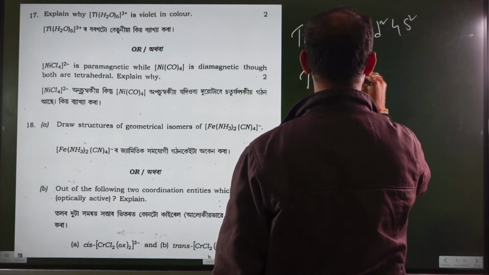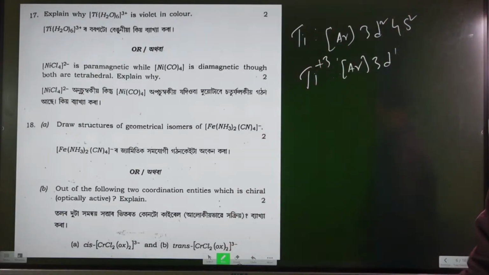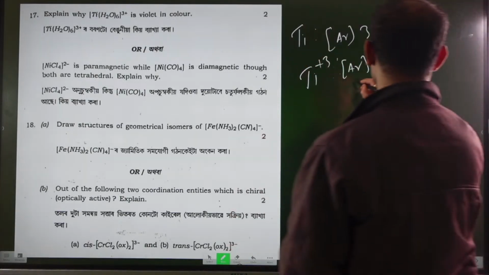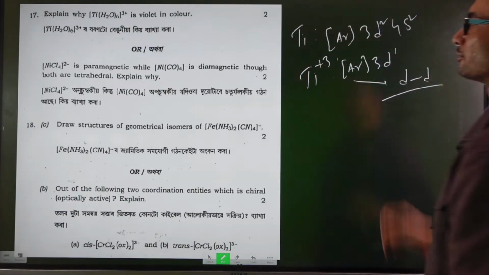That means you get argon 3d1. So 1 unpaired electron is there in the d shell. That means you will observe 1 d-d transition. That is why it is colored.